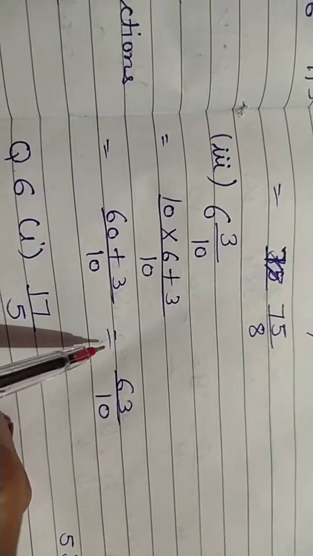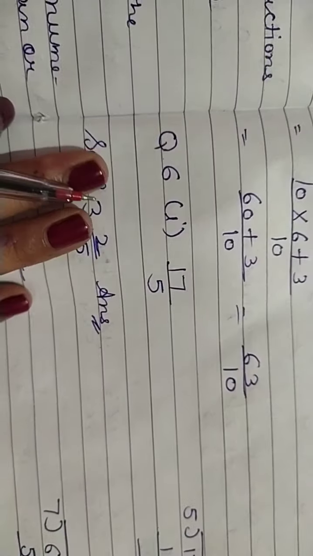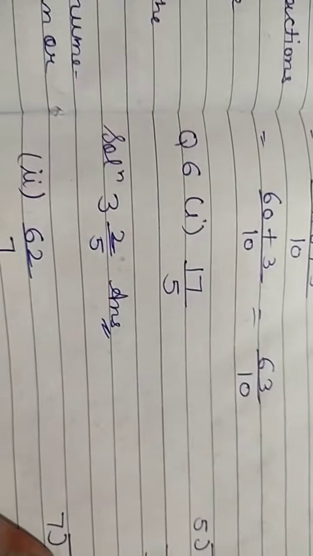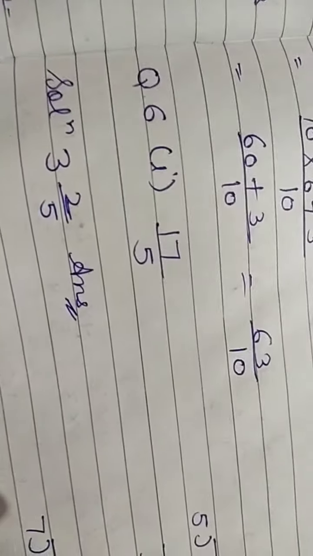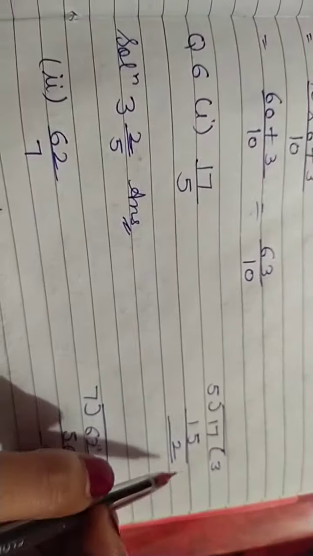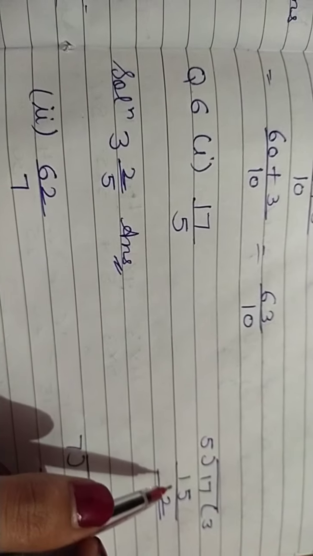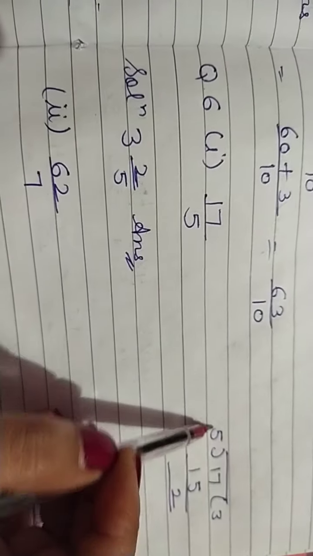In question number 6 we have to convert the improper fractions into mixed fractions. So for that we will simply divide the given numbers. We will divide 17 by 5.